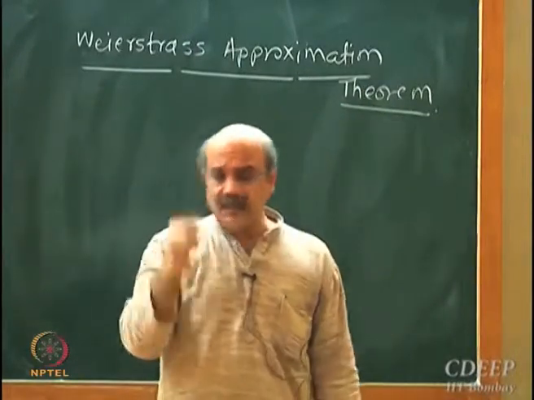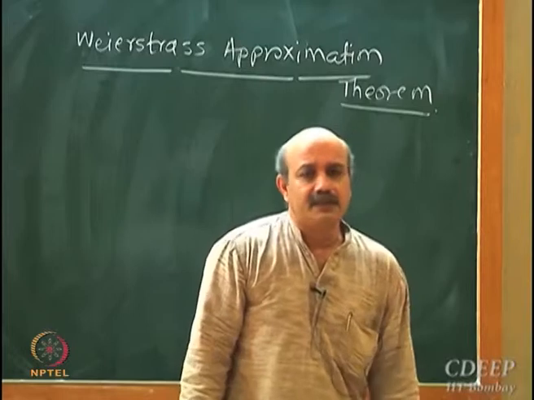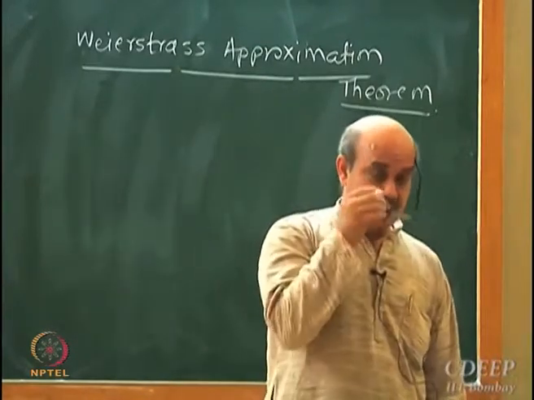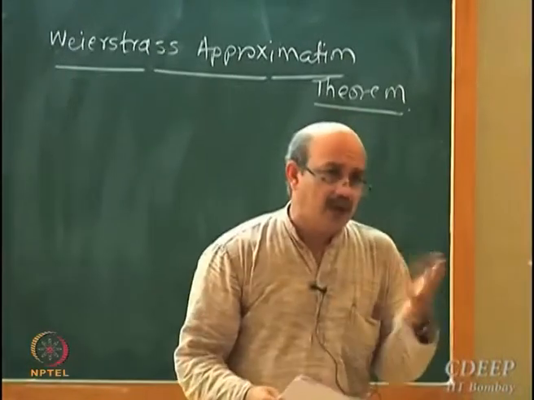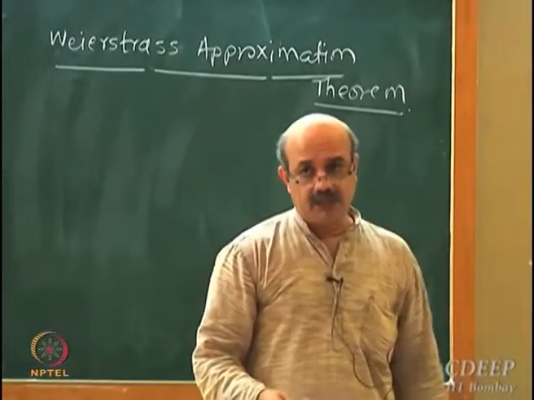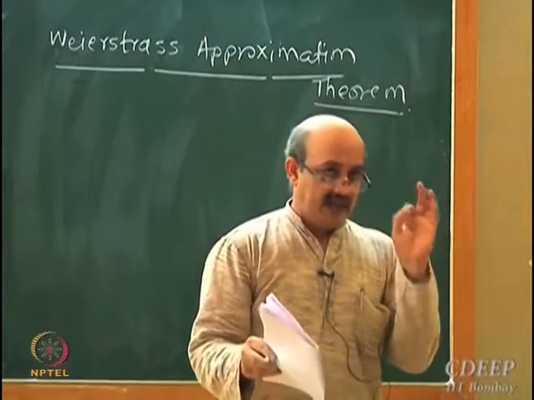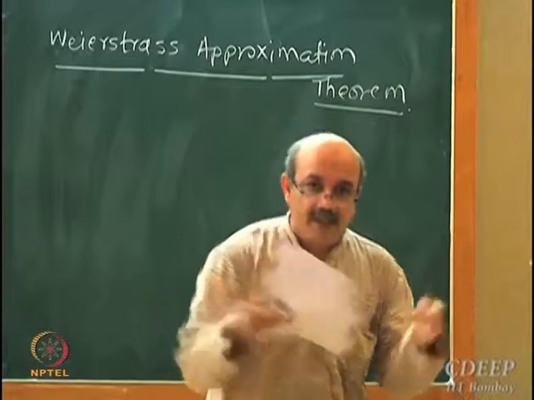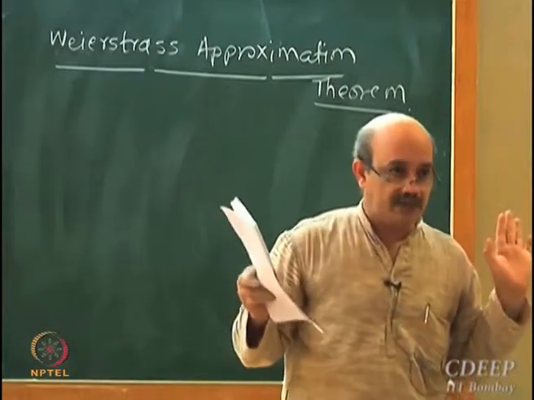This particular result is what is called an existence result. I'll tell you what I mean by existence result. It doesn't tell you how to construct a polynomial approximation. It assures that given a continuous function, there exists a polynomial which is arbitrarily close to the continuous function.